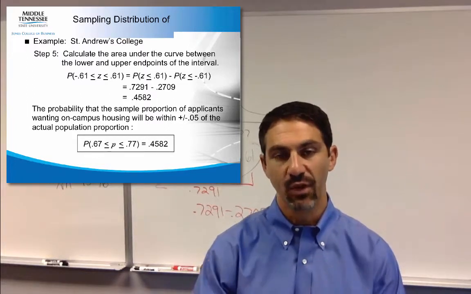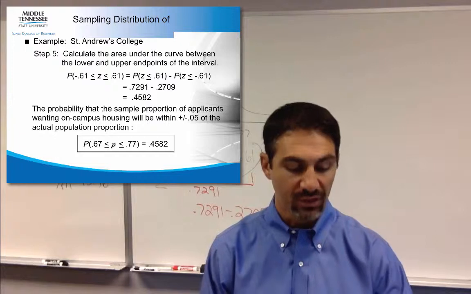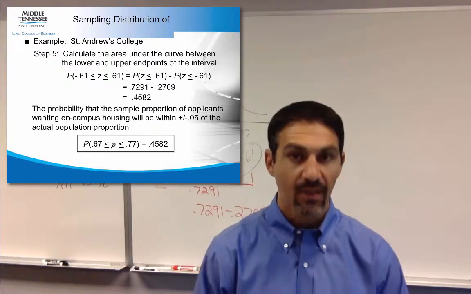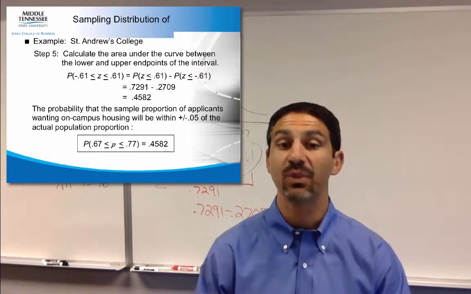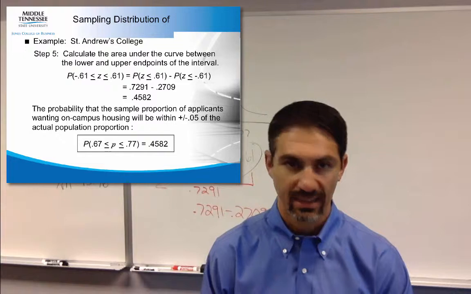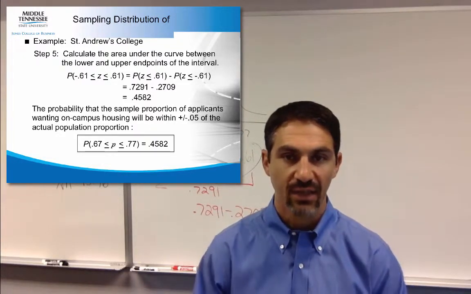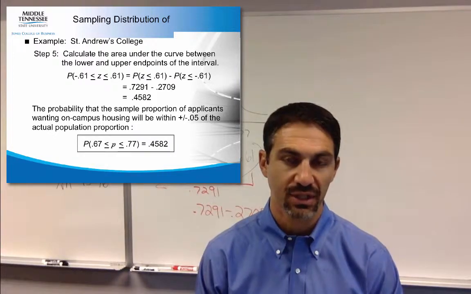So there's a 45.82% chance that the proportion of students out of the 30 that want campus housing is between 67 and 77%. So that's how you do a population proportion and compare it to a sample proportion to come up with a value.